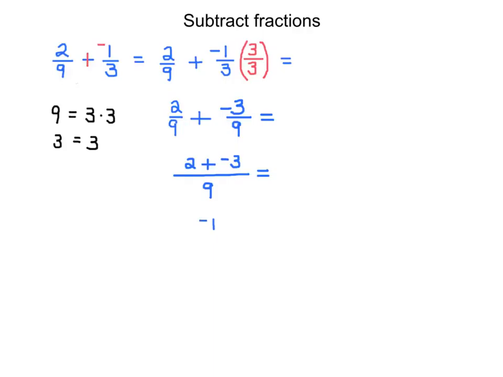So 2 plus negative 3 is negative 1, and in the denominator we have a 9. So our result is that 2/9 minus 1/3, which is plus a negative 1/3, is equal to a negative 1/9.